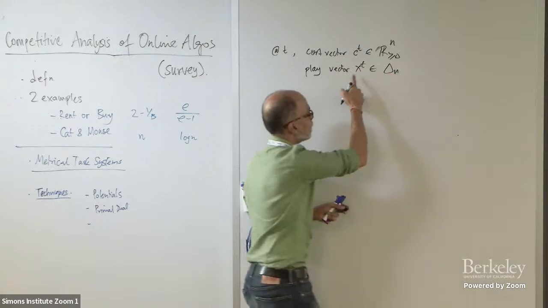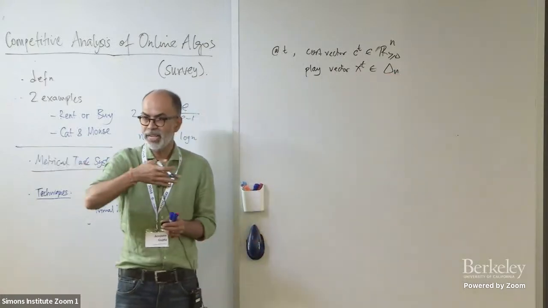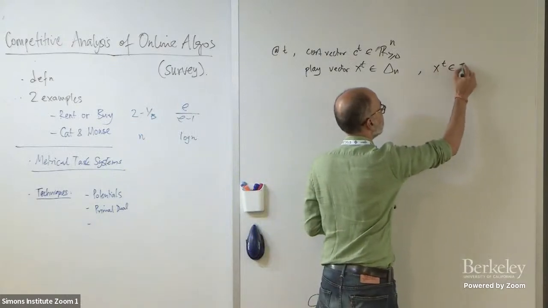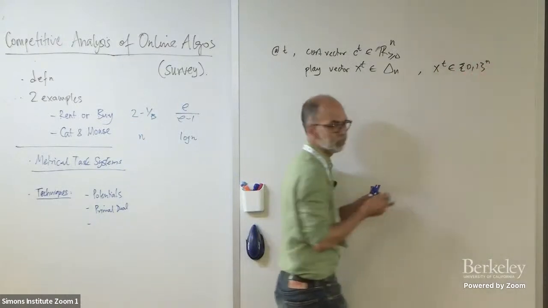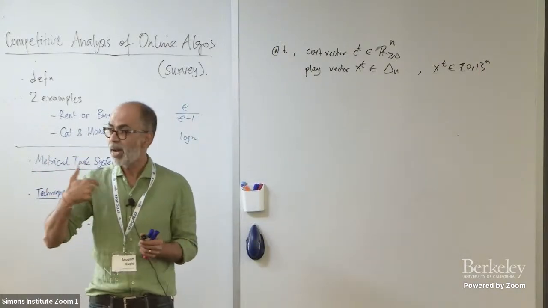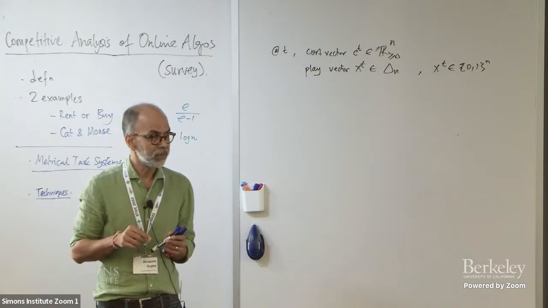So this is just saying that x is defining a probability distribution over their locations. And let's say that maybe I'm also going to say that xt is going to be in {0,1}^n. It's just a 1 in one location and 0 everywhere else. It's where the mouse is sitting.